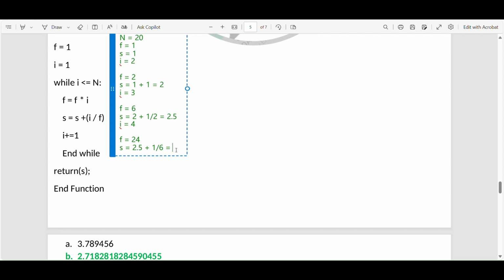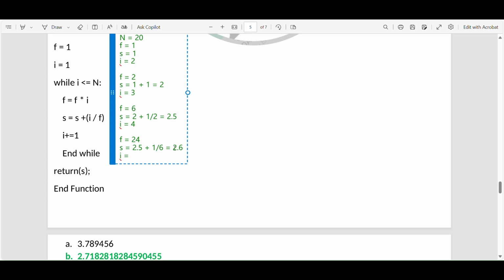So for calculating all these you need a calculator. 1 by 6 will be 0.16, and plus 2.5 will give you 2.6, right?